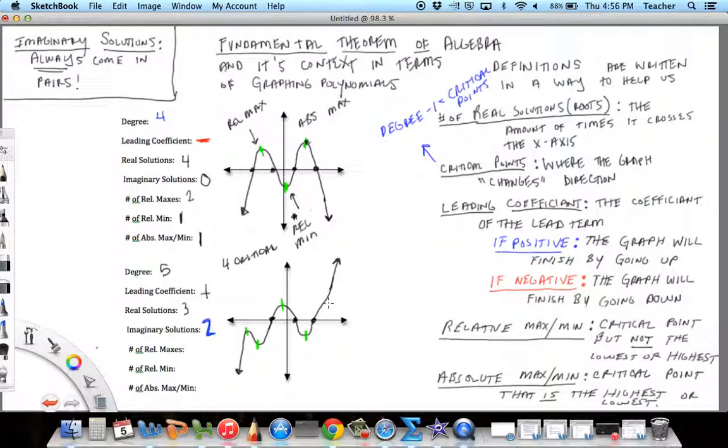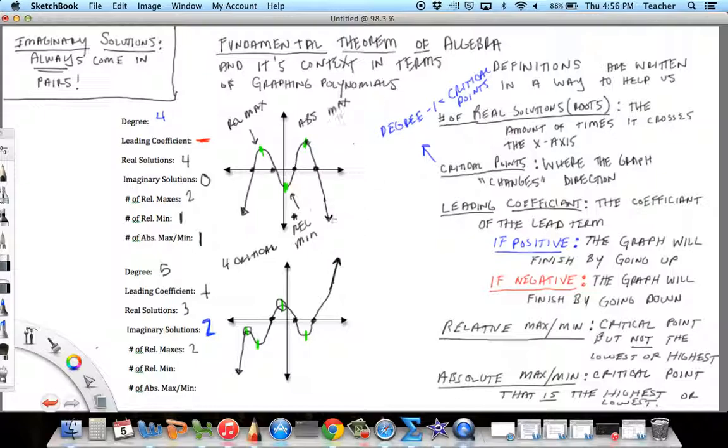So I'm going to leave it at that. There is one more thing I wanted to hit here, and that's the idea of let's document these. Here is a maximum. This is a maximum point, not the highest point. Here is a maximum point. So I have 2 maximum points. Do I have any absolute maximums? The answer to that question is no, because you'll notice that this goes on forever.